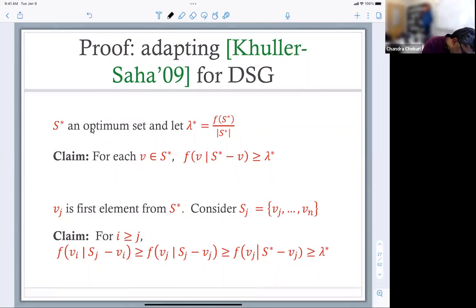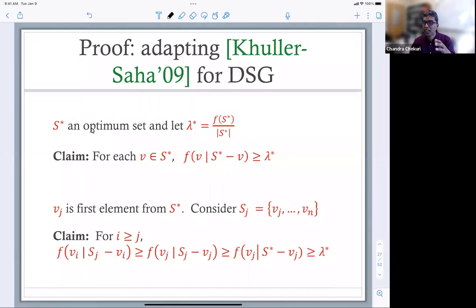Let S star be the best density subset. We don't know what it is, but it is something. A very simple observation is that if S star is the optimum set, then for every vertex in that set, the marginal value with respect to S star minus v must be at least lambda star. It's nothing about supermodularity.